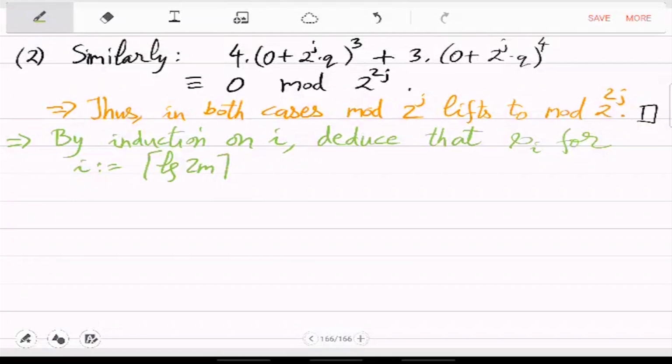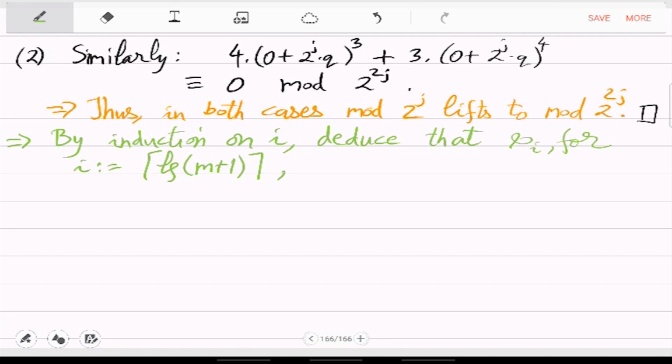Okay, so this will be more than, in fact, even if you take this, 2 raised to 2 raised to i will be more than 2 raised to m plus 1. Okay, so very rapidly, phi i will approach the correct value, modulus 2 raised to m plus 1.